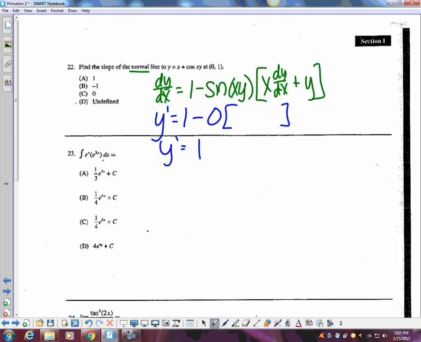I'm not tangent, I'm normal. So I'm negative 1. Everybody agree with that? We flipped it, but when you flip a 1 over 1, you still get a 1 over 1. But I do have to change its sign. Okay, so what's normal? Perpendicular to the tangent line. Good. Very good. All right, next.